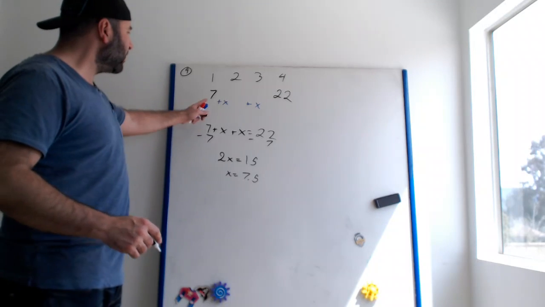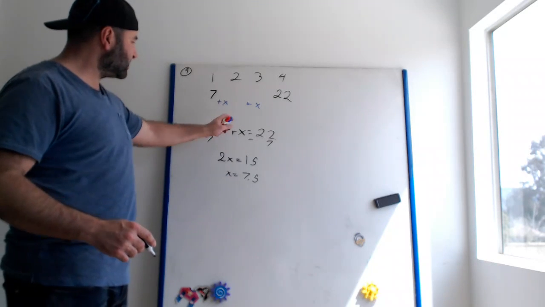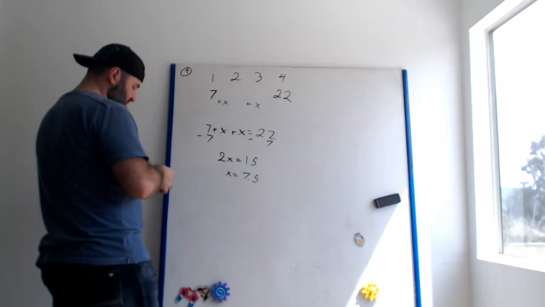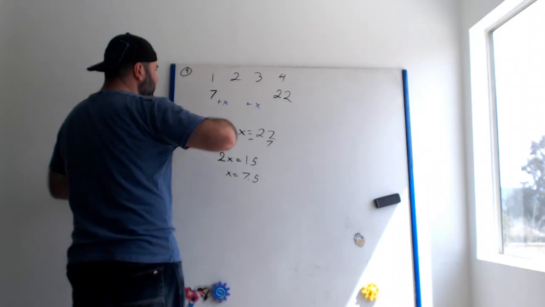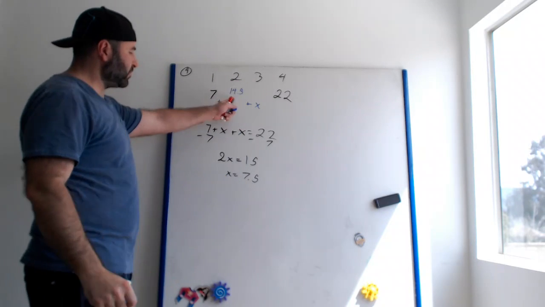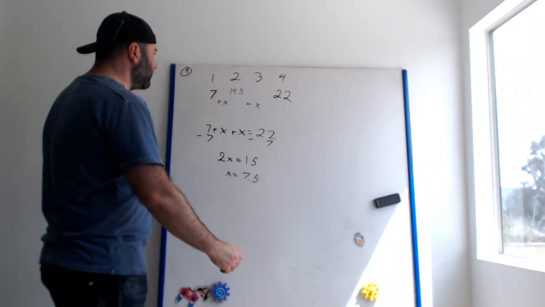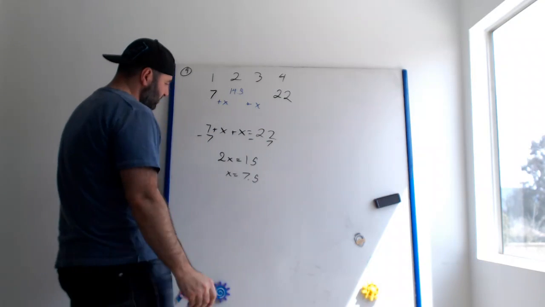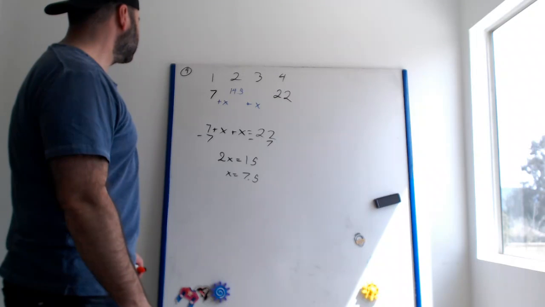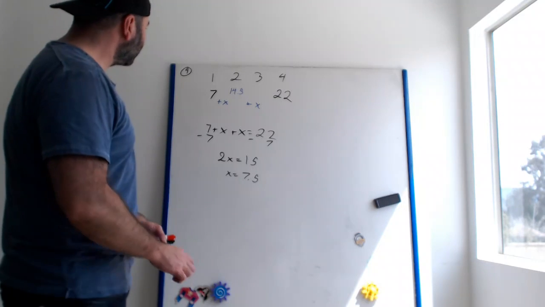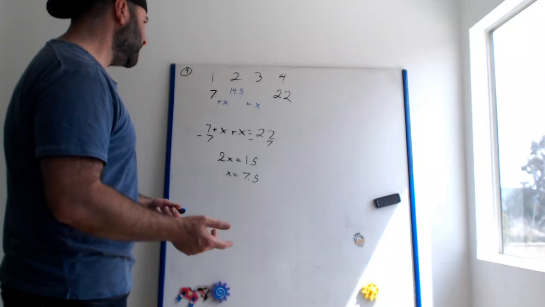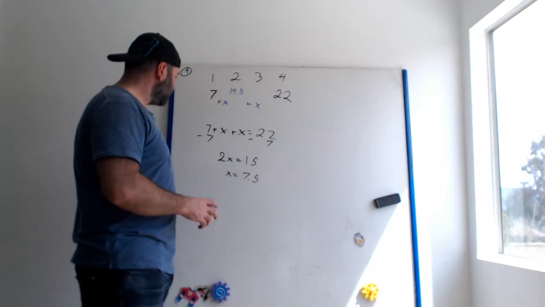Does it work out? 7 plus 7.5 gives you 14.5. And then 14.5 plus 7.5. Sorry, I messed up. That is not working.